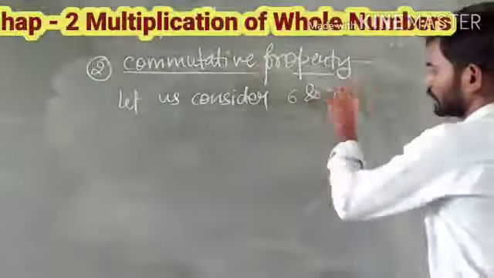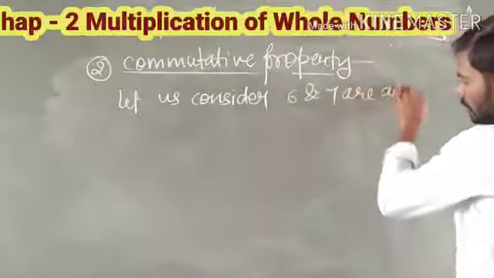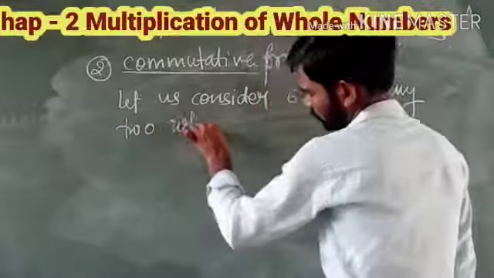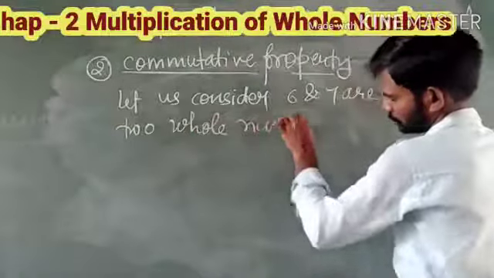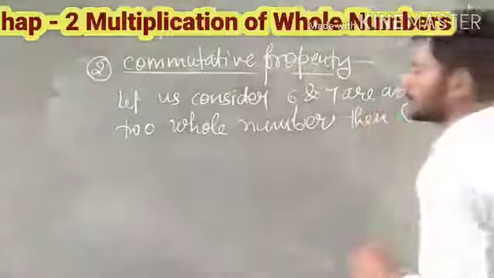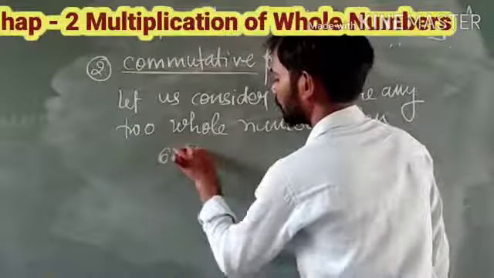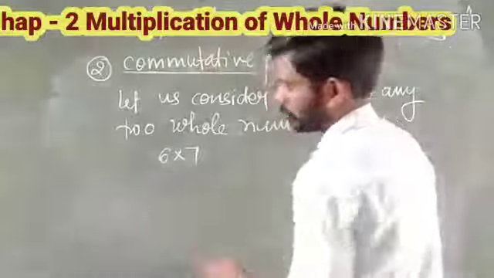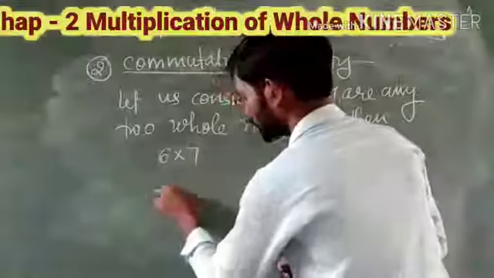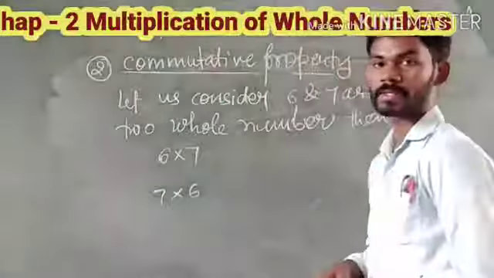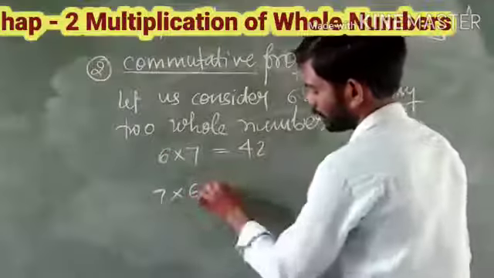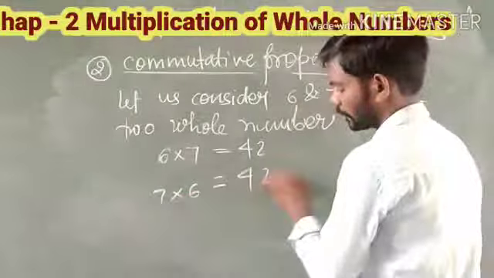6 and 7 are any two whole numbers, then 6 multiplied by 7, and now change the order of these numbers, so it may also be written as 7 multiplied by 6. Here 6 7s are 42 and 7 6s are 42.